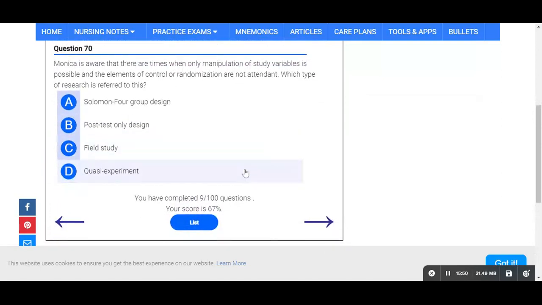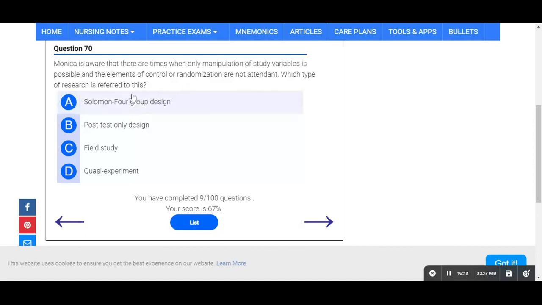Next one. Monica is aware that there are times when only manipulation of study variables is possible and the elements of control or randomization are not attendant. Which type of research is referred to? Solomon four-group design, post-test only study design, field study, quasi-experiments.